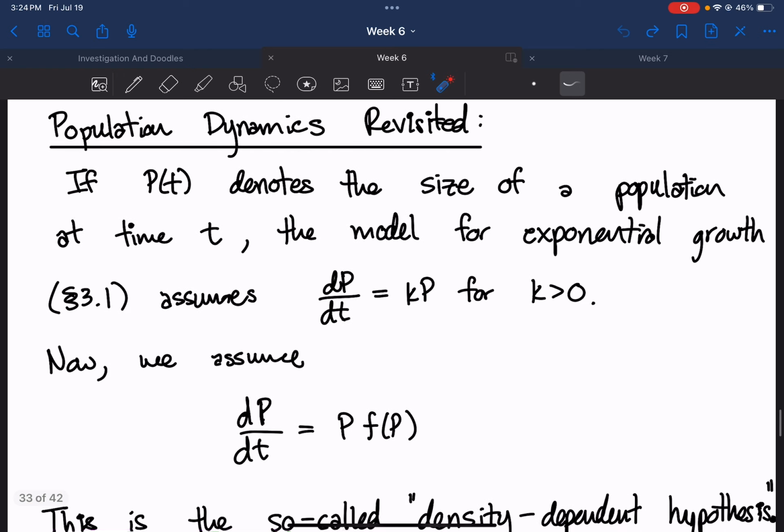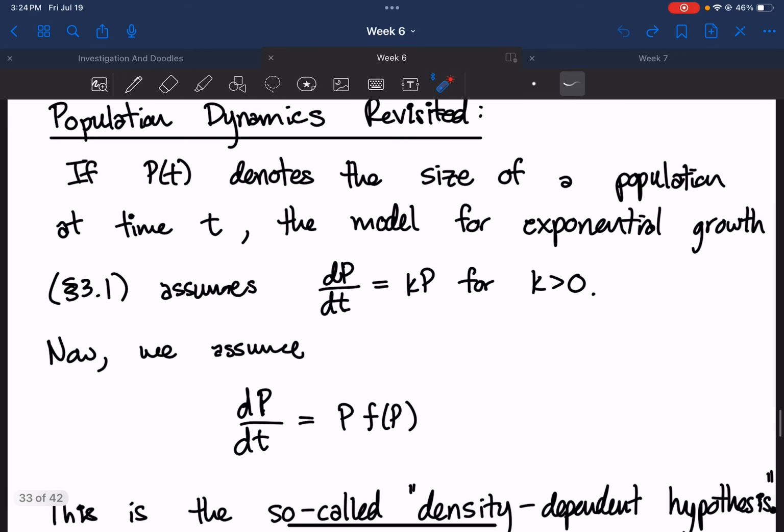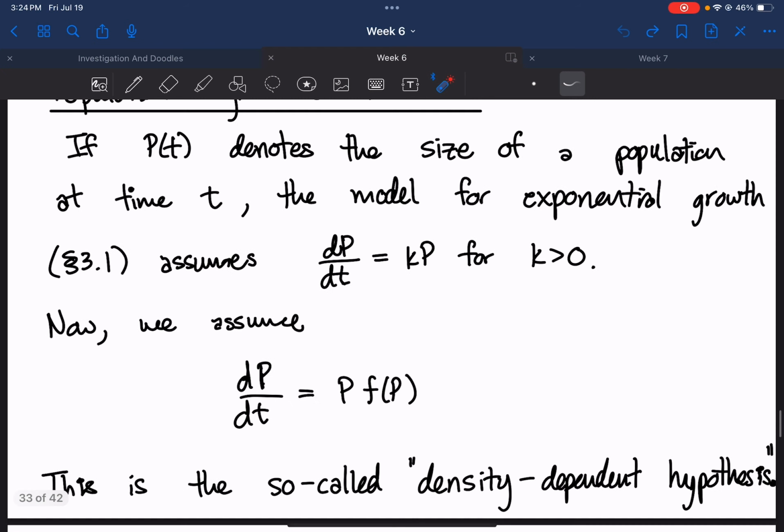Here's the first kind, population dynamics revisited. If P(t) is the size of a population at time t, the model for exponential growth assumes that dP/dt is kP, right? However, what if dP/dt was equal to the population times some function of the population?